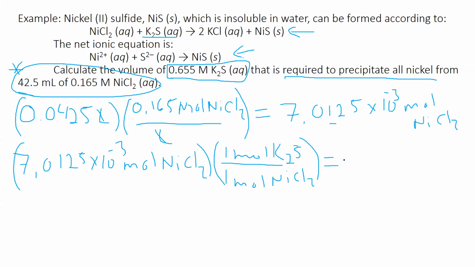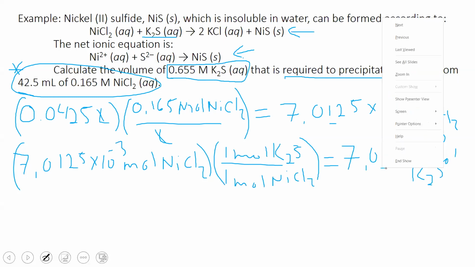A 1-to-1 ratio will be the same value, so 7.0125 times 10 to the minus 3 moles of K2S. And again, that should have 3 sig figs there.